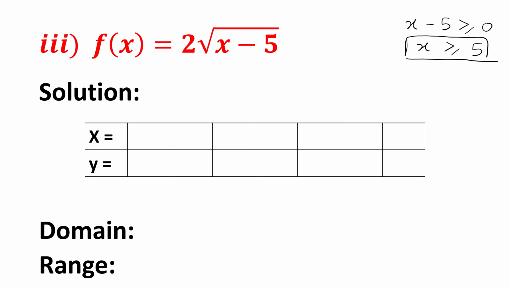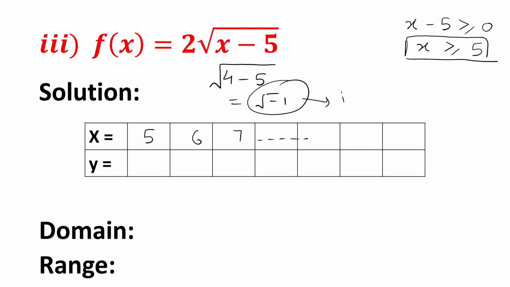We cannot include numbers less than 5 in our domain, because when we do so, we get an imaginary number. Look, at x equals 4, what do we get? Negative 1, which is an imaginary number.